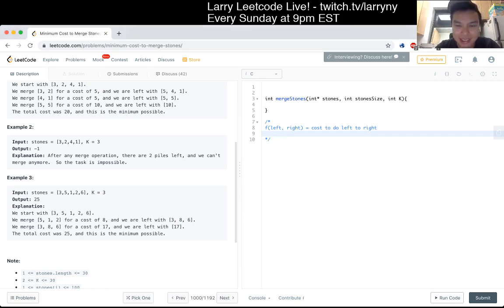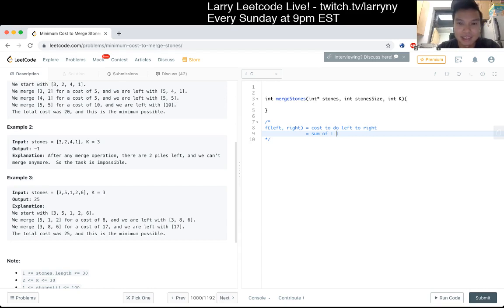Basically, my idea is that you think of this as the sum of a kind of partition, right? So you break it into 3 parts, and then each of those 3 parts, you merge together in some way.